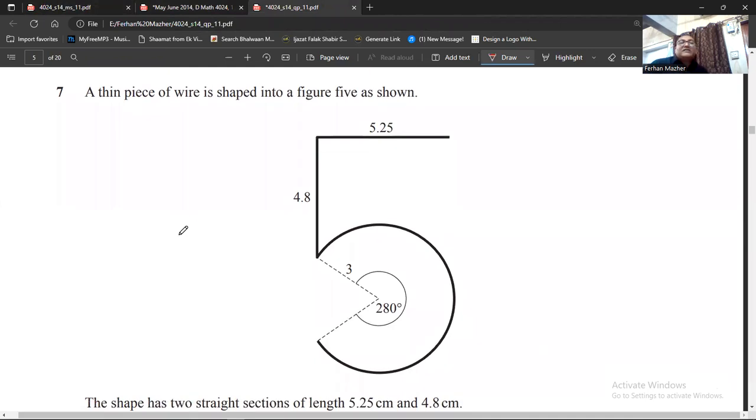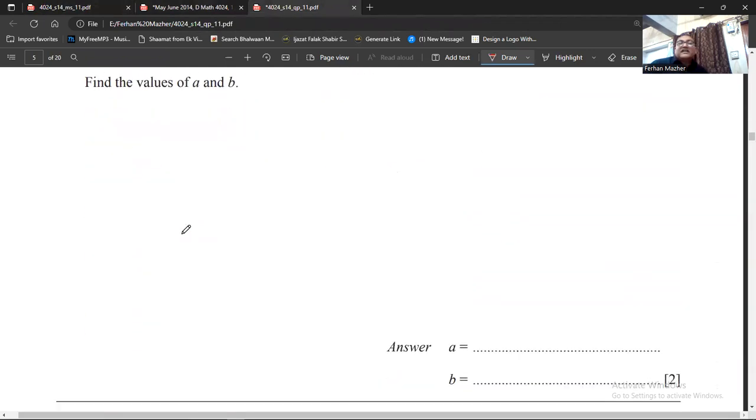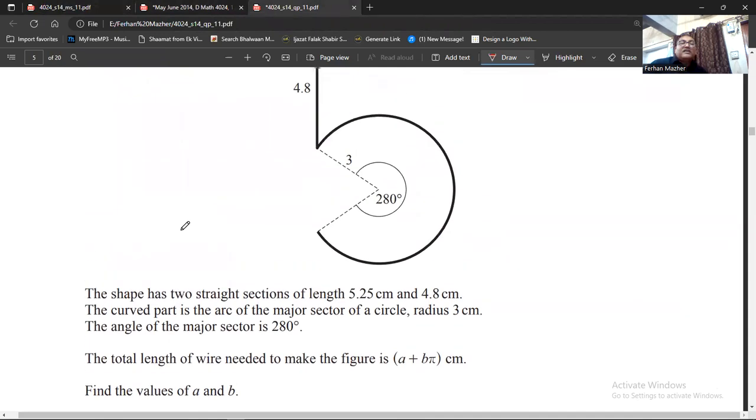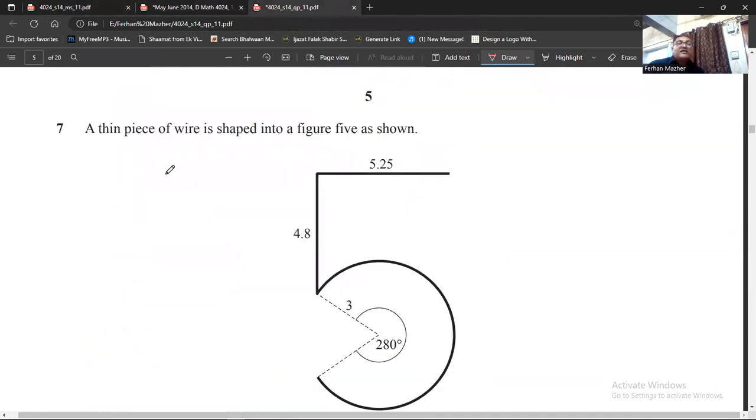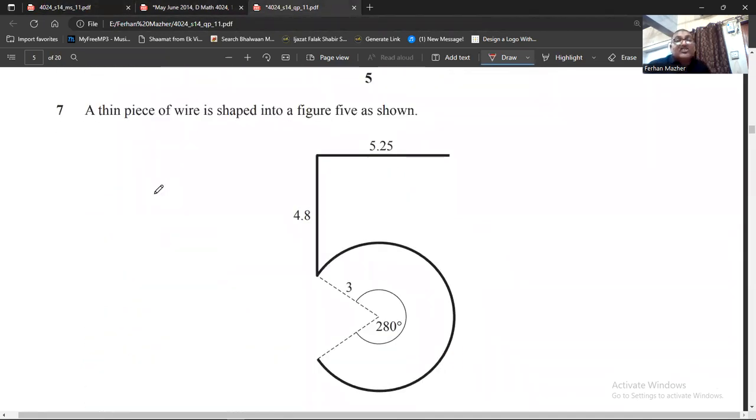Question number 7, and it's a 2 marks question. The question is, a thin piece of wire is shaped into a figure as shown. This is 5.25, this is 4.8, and this is the arc of this big sector whose angle at the center is 280 and whose radius is 3.